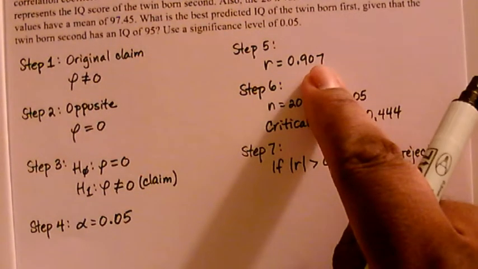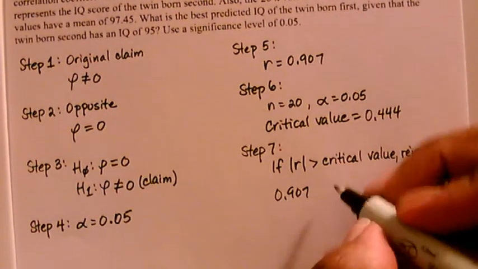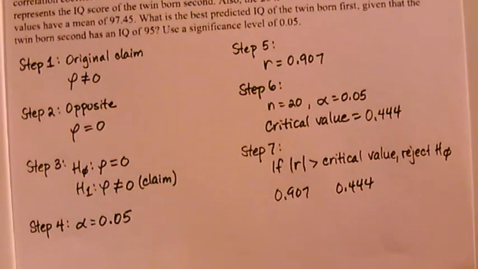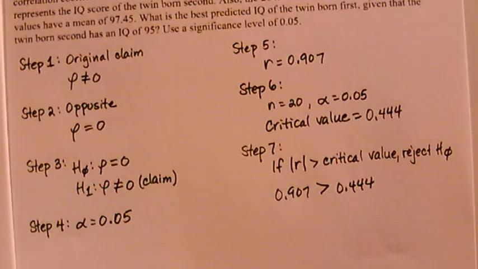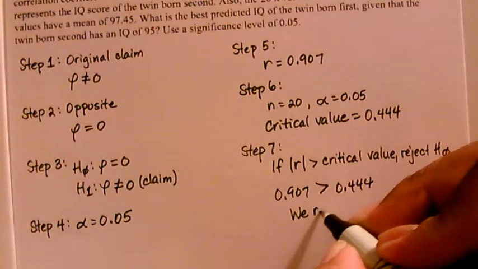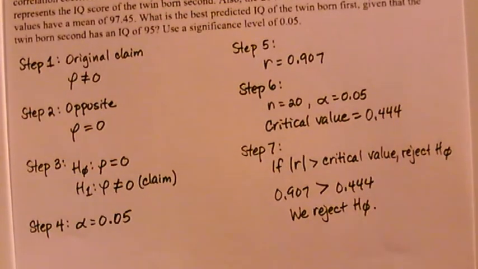The absolute value of 0.907 is 0.907. You're going to compare that to 0.444, which is your critical value, and you can see that 0.907 is greater than 0.444, which satisfies our decision rule. So that means we reject the null hypothesis.